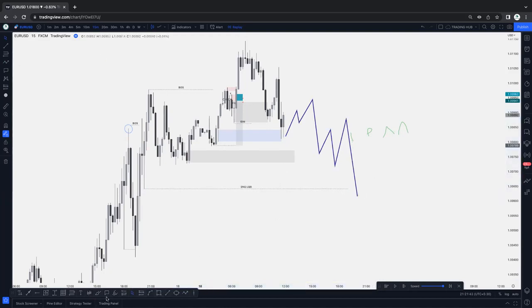When the market gives a reaction at this point, we can sell. Right now it is here. We can sell at this point if this inducement fails, and the target is this engineering liquidity.